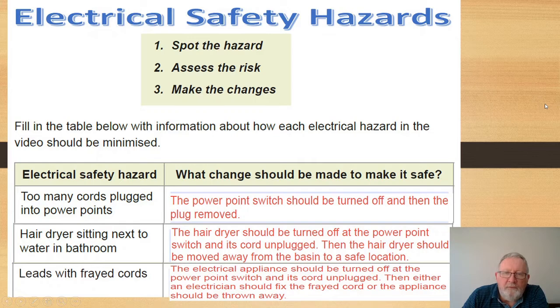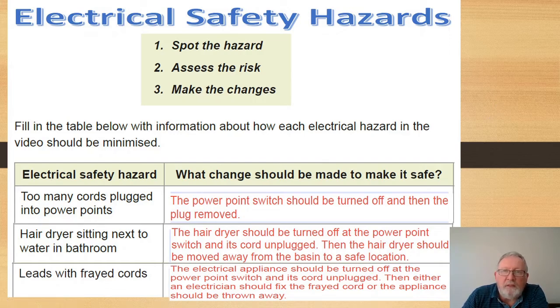And in the third one, again, it should be unplugged, removed from the power switch, and then you can either have an electrician fix it if it's frayed, or throw it away, or if it's one of the types of cords that you can detach, you might be able to access a new cord and dispose of the old one.